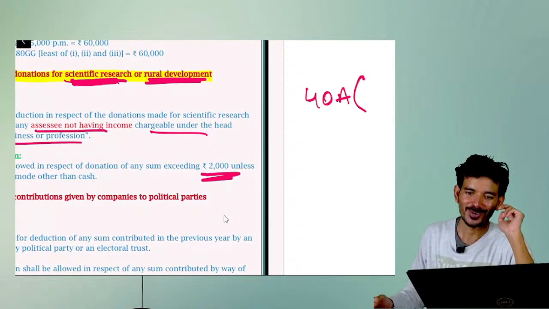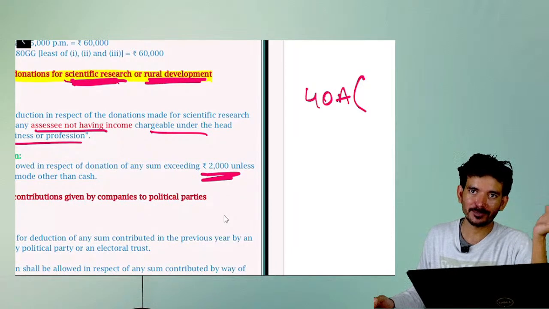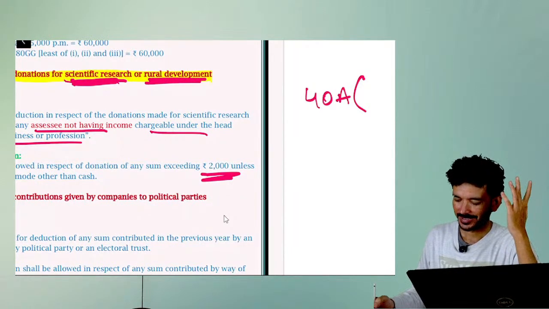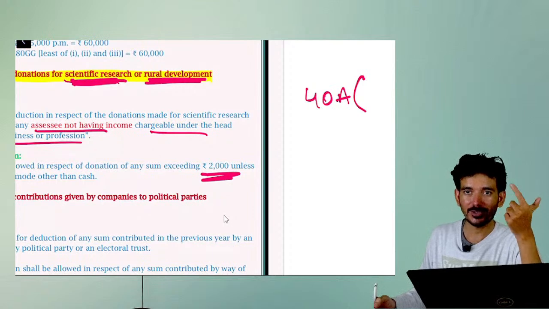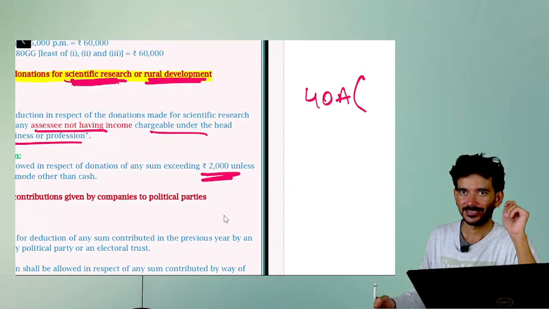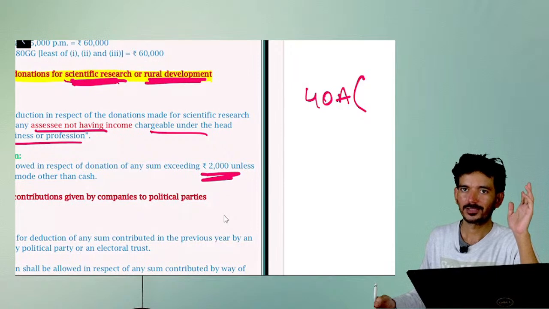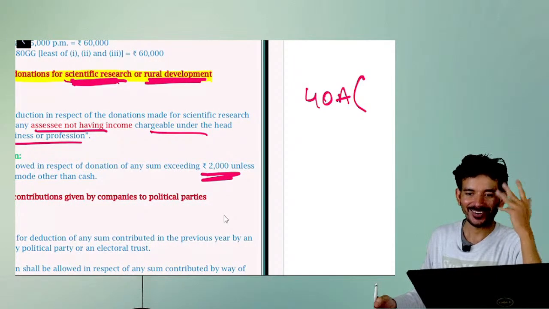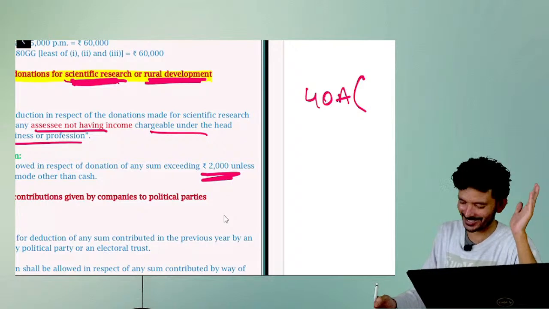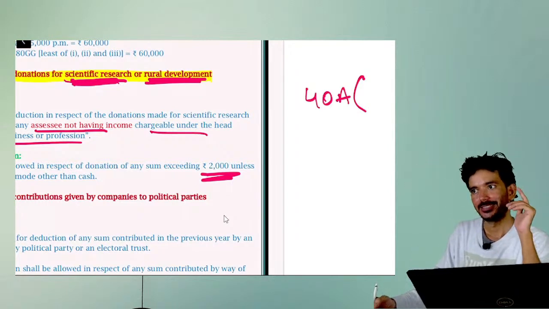But for more than 20,000 you should not pay in cash. You have to pay by account payee cheque drawn on a bank or a demand draft or any other notified mode like IMPS and all. 40A(1)(a) is for TDS. All provisions that are coming to your head, you are telling. 40A(3).